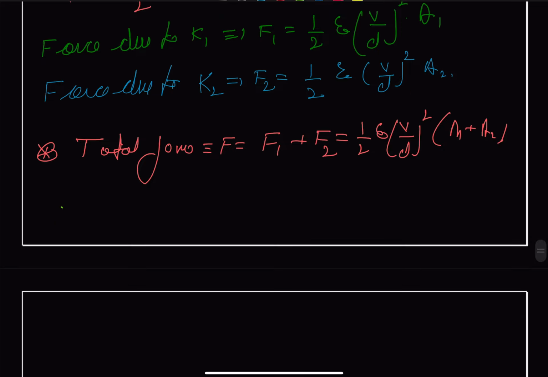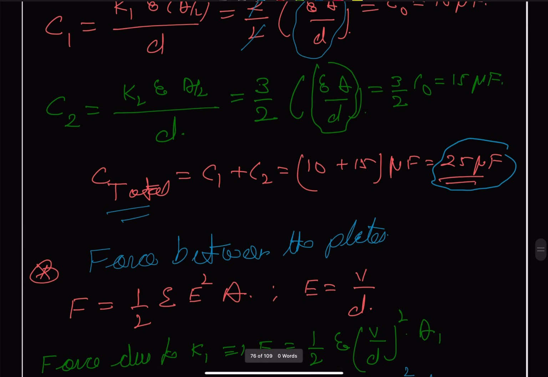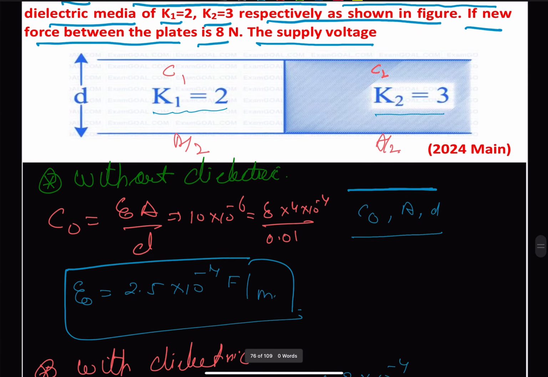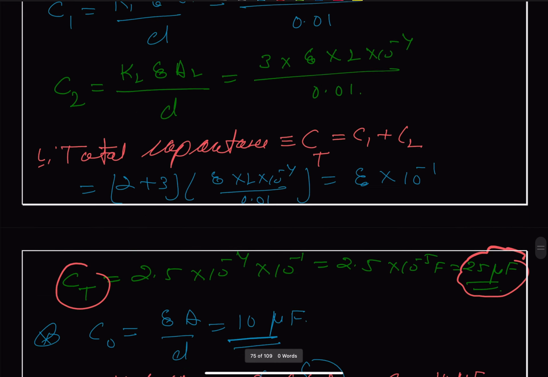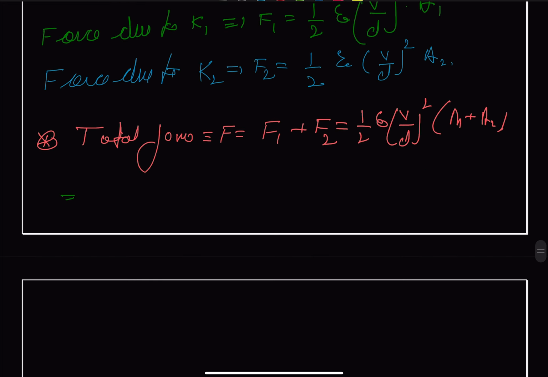Now we simply substitute the values. Total force is given, and voltage we have to find out. So we can write the total force as 8. This comes as 1/2, and epsilon naught, 0.5 into 10 to the power minus 4, and V square divided by 0.01 whole square, and area is the same.